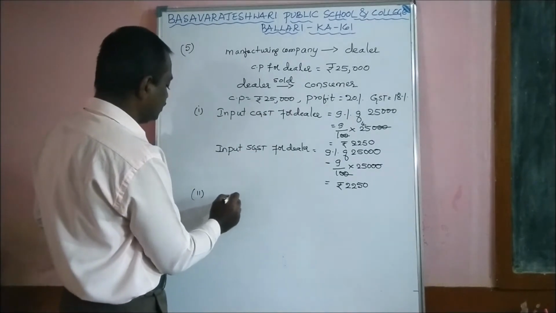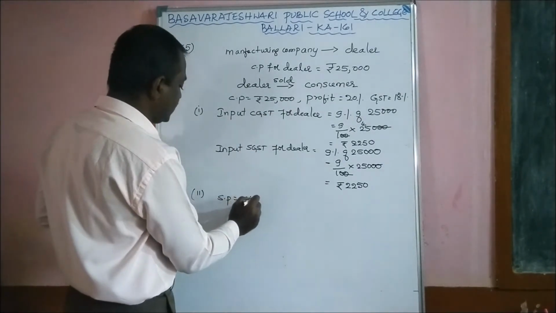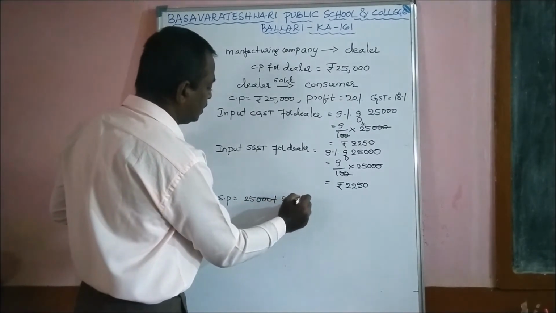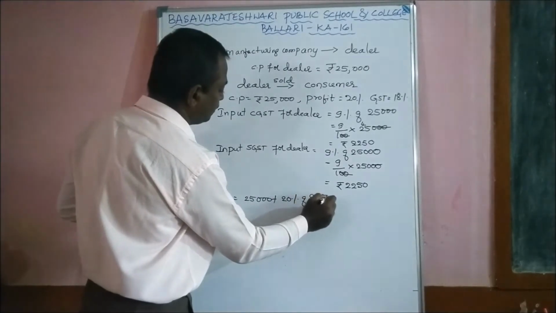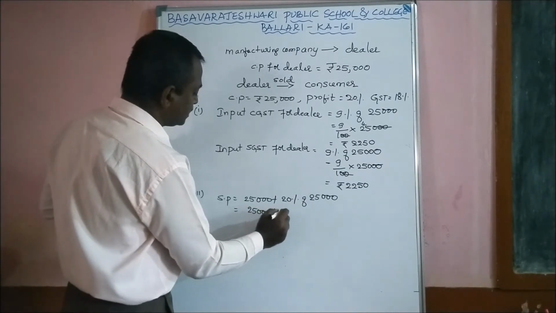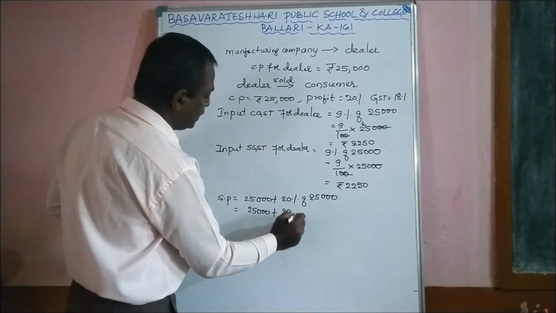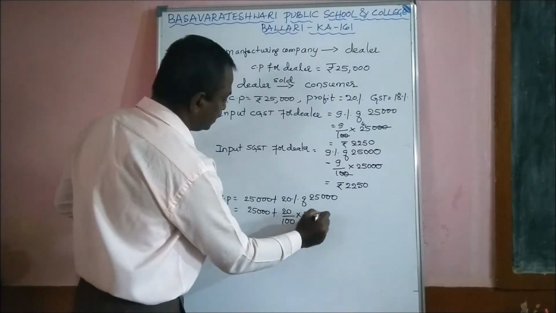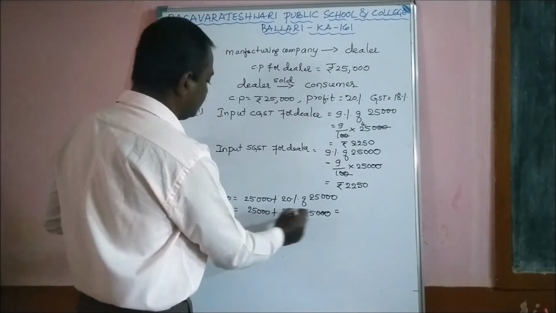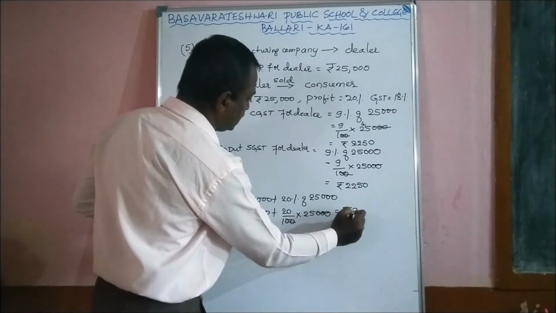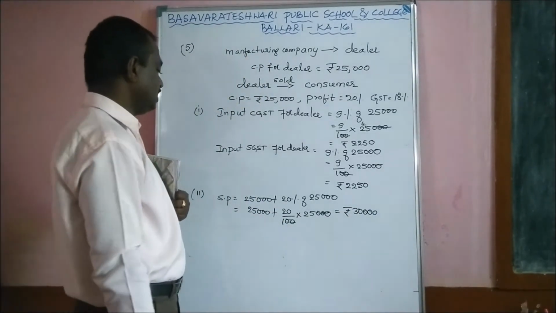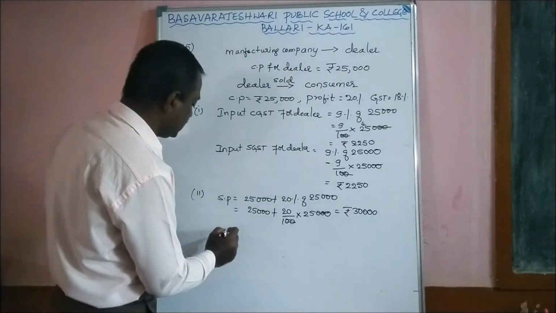Selling price is equal to 25,000 plus 20% of 25,000. That is 25,000 plus 20 by 100 into 25,000. 2 zeros cancel. If you simplify this, it becomes rupees 30,000.